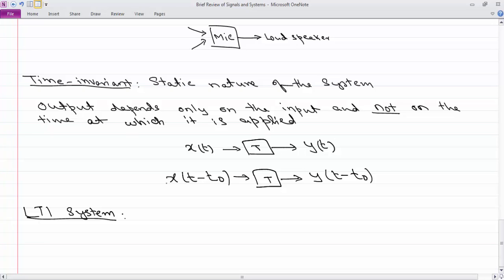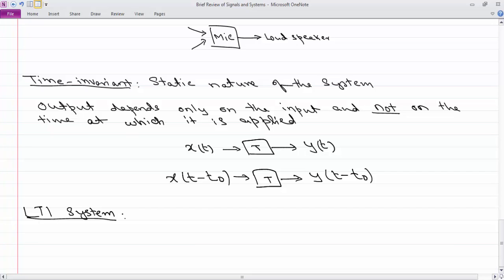Now, just because something is linear and time invariant, why does it make us love LTI systems so much? Here is the reason. In general, to describe a system, what is the behavior of a system? We have to know how the system behaves on every possible input. What is the response of the system on every possible input?